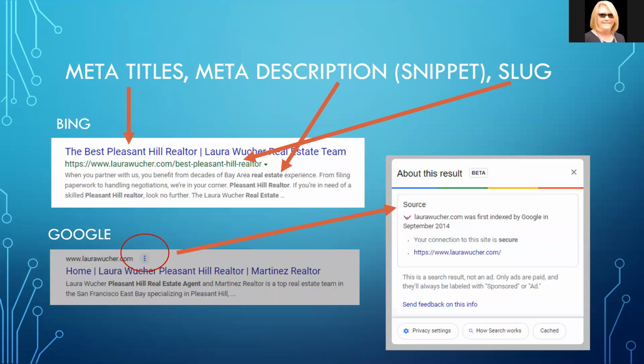So in Bing, I did a search this morning on Pleasant Hill Realtor, and Laura Boucher came up on page 1 in Bing, and you can see that this is the meta title.